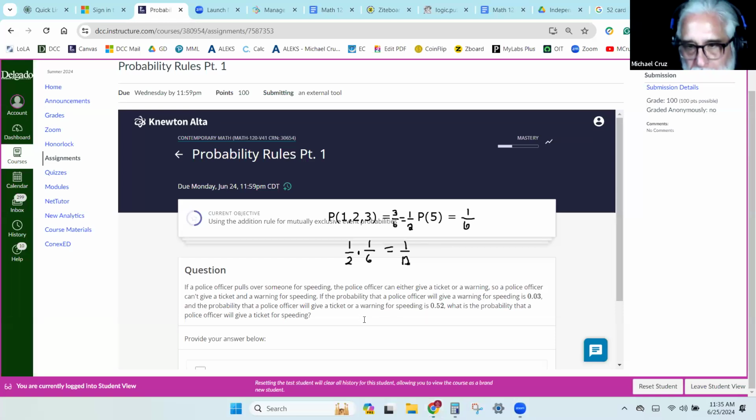Now, let me try to show this within the context of the formulas. So ticket or warning is equal to 0.52.